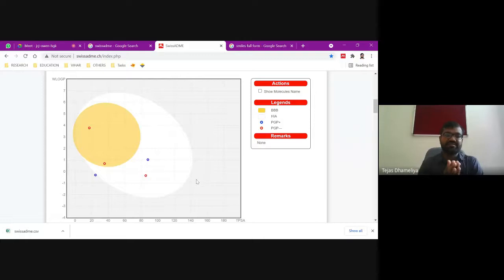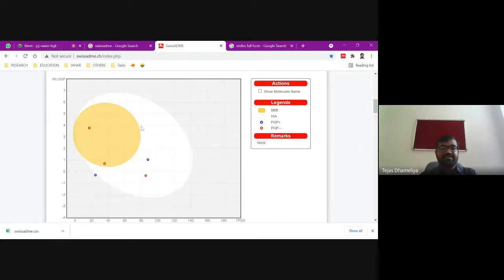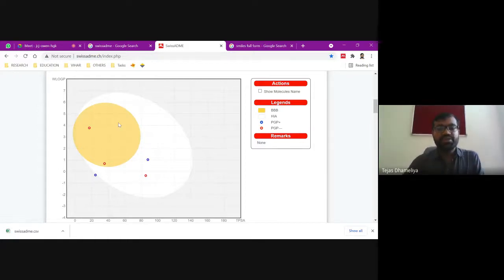It has a certain blue part, a white portion, and a yellow portion. The yellow portion indicates blood-brain barrier, BBB permeability.